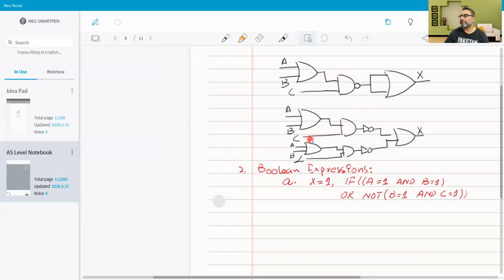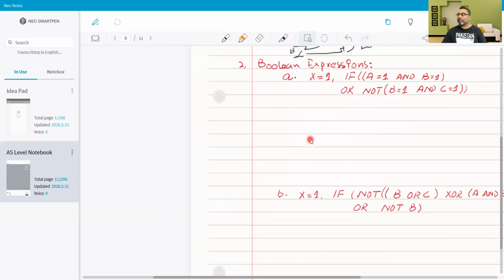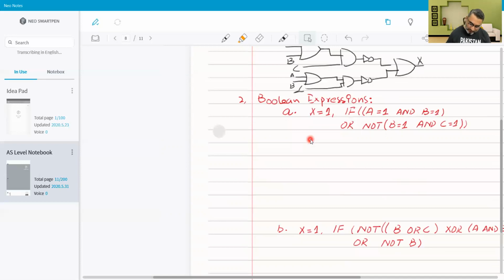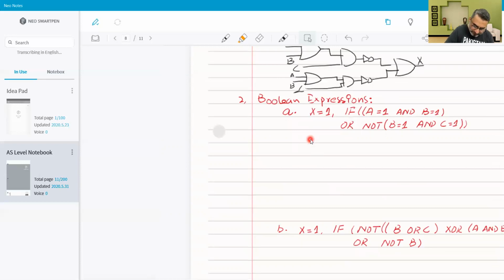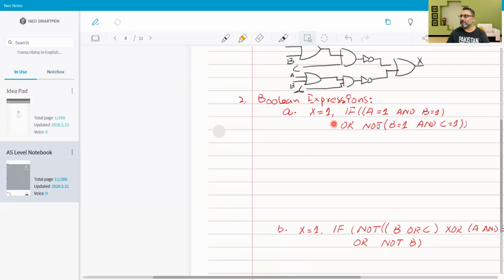Now, Boolean expressions: we have to make a circuit and mathematical equation out of the given Boolean expression. So let's see what this Boolean expression means mathematically.